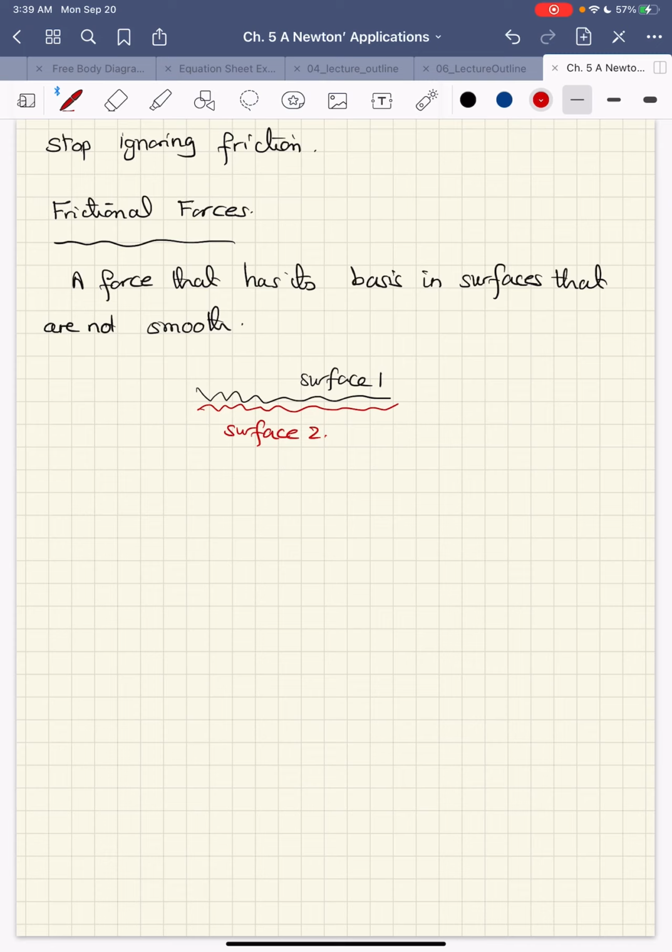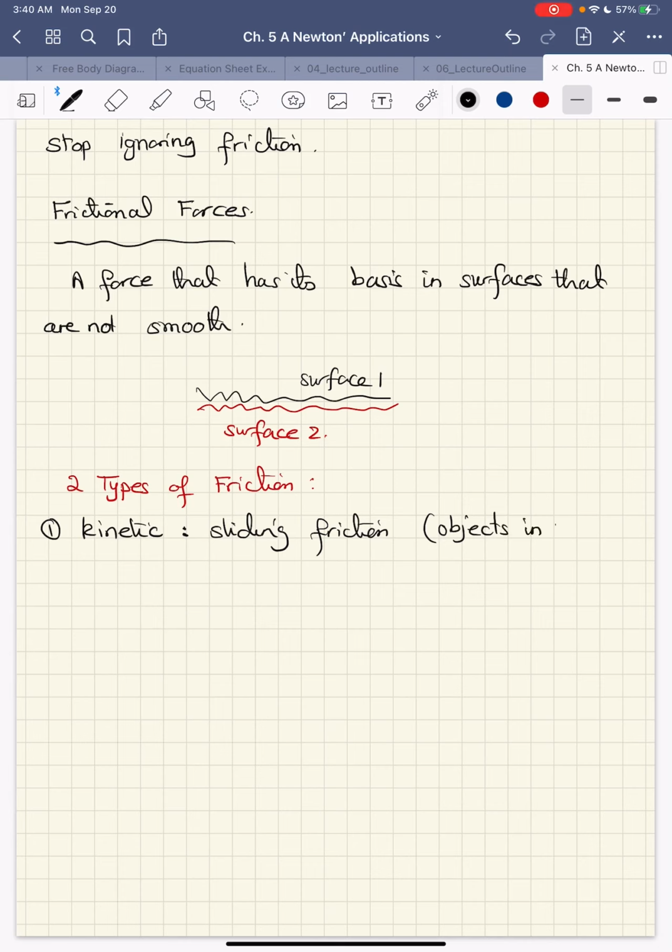Mainly we have two types of friction. The first one is kinetic, and that is, we call it sliding friction, and this is when we have objects in motion.